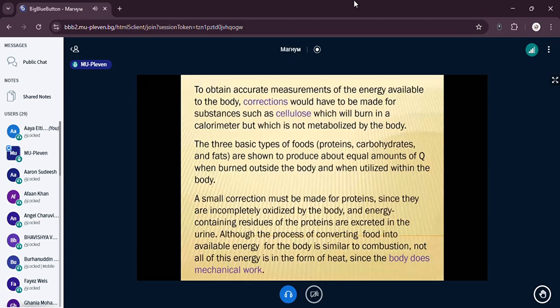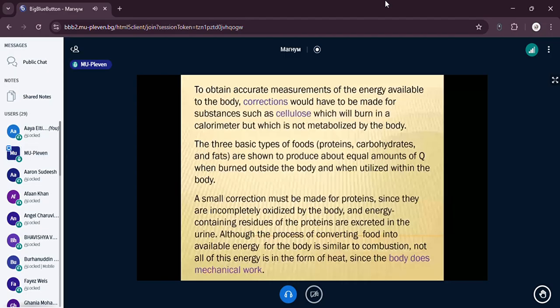See, some molecules are burned within the calorimeter, but are not oxidized within the body. What is given here? Cellulose example.